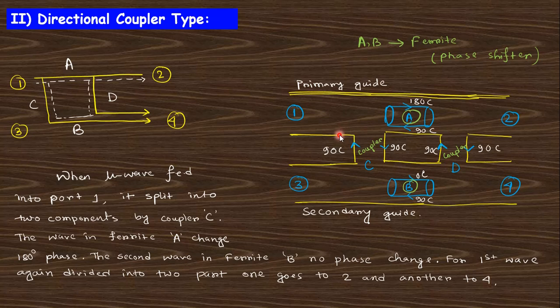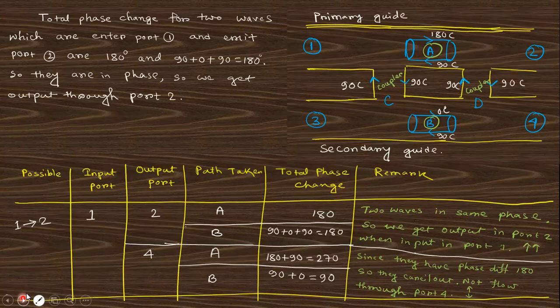If this is clear, you can explain this directional coupler type as a 4 port circulator. How? Just think about this. First point, input is 1, so the microwave is input from port 1. Now it can go to output 2 and output 4.